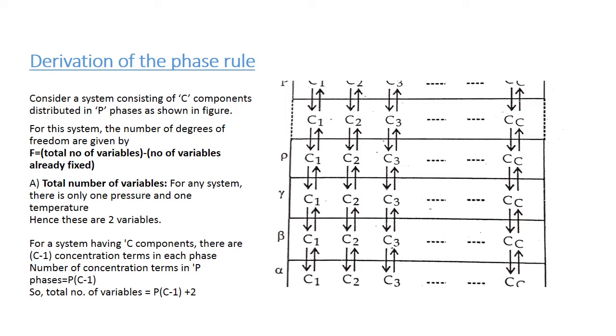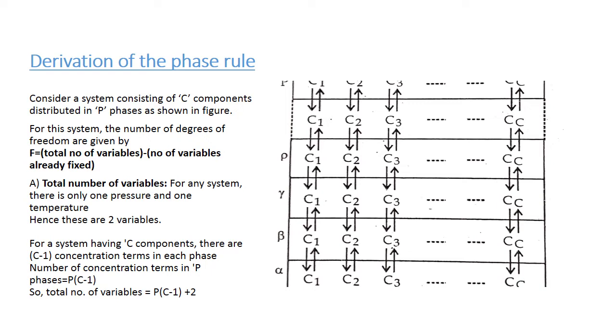Means if we consider the alpha phase, in this phase there will be C minus 1 concentration terms, and we know that in this system we have considered P number of phases. So if we want to calculate the total concentration terms in this system, we have to multiply C minus 1 into P. It is quite difficult to understand.